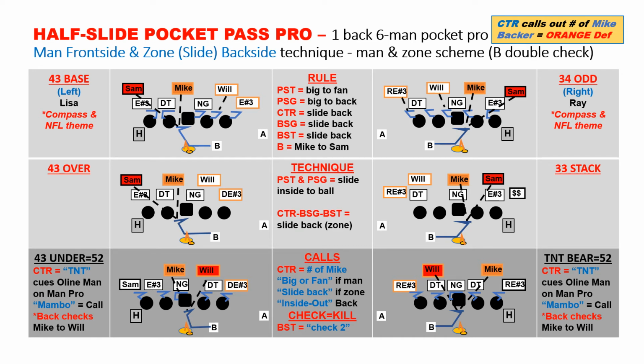Mambo is the call, and then it's a pure man-on-man all across the front by the offensive line. The back then, once he hears Mambo, now he's going to double check Mike to Will. He's going to go back, go opposite. So again, it's a simple adjustment, some common sense football, and we're in great shape against any type of front.